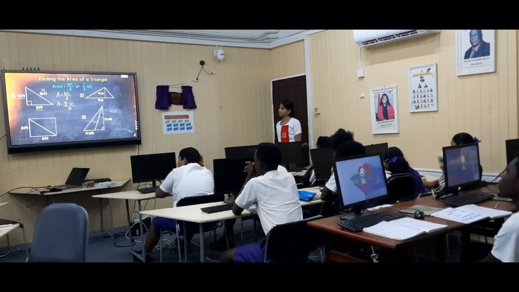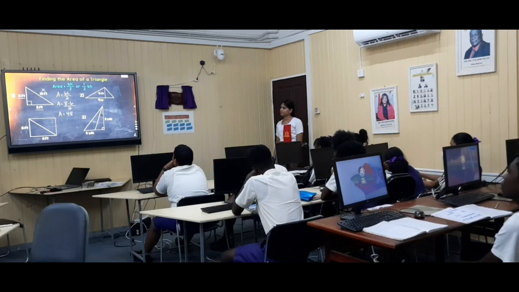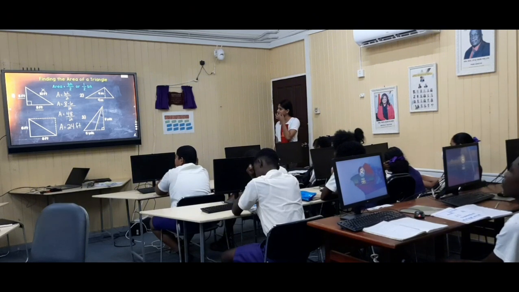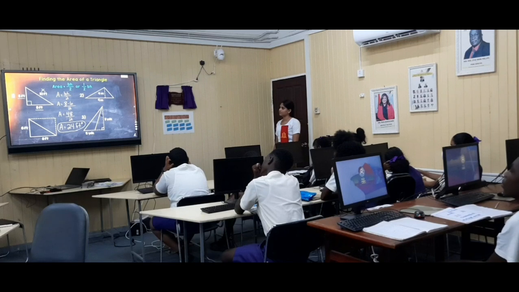Now we can work through this. 8 times 6 gives us 48, and we have 48 divided by 2 here. 48 divided by 2 gives us an area of 24 square feet. So our final area for this triangle, again, 24 square feet.